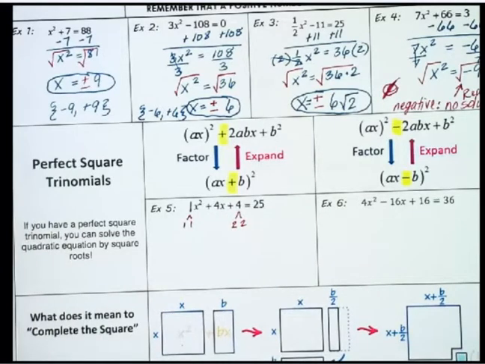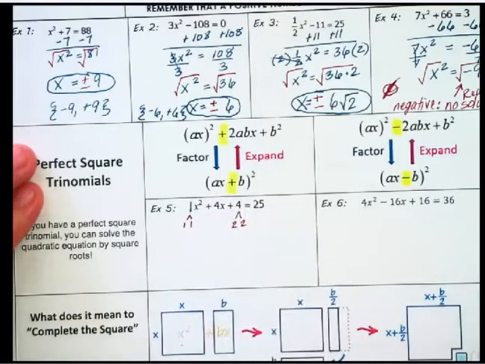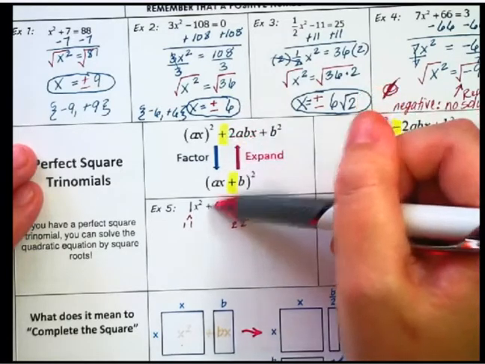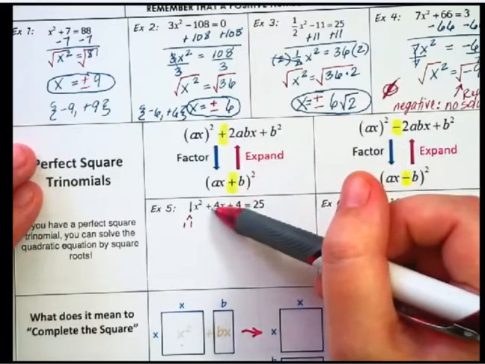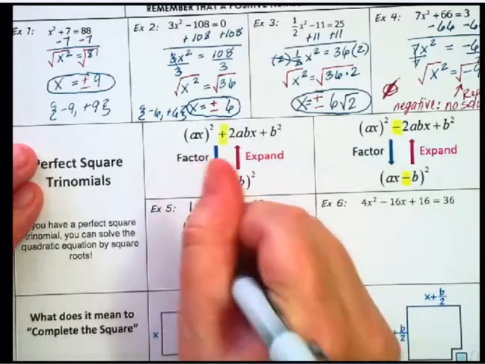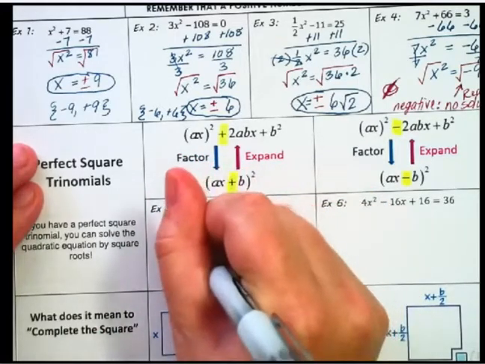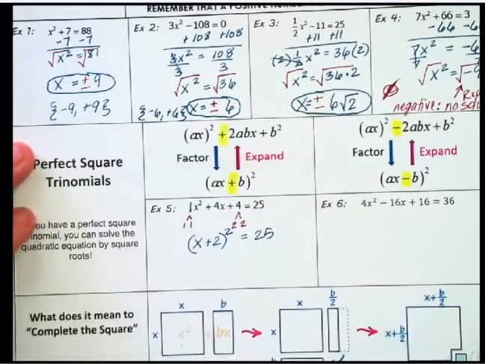And here's how we're going to write that. 1x plus 2 in parentheses squared. I want you to notice that if this original equation has a plus sign right here, when you write it as a perfect square binomial, it will also have a plus sign. So we have x plus 2 squared equals 25.